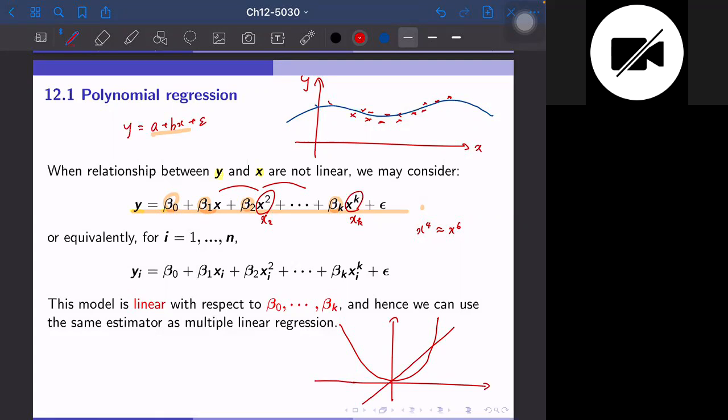So maybe we want a cubic function which is distinctively different from the first two. I don't know what the best one is, but for example, this kind of function is at least better than x cubed.